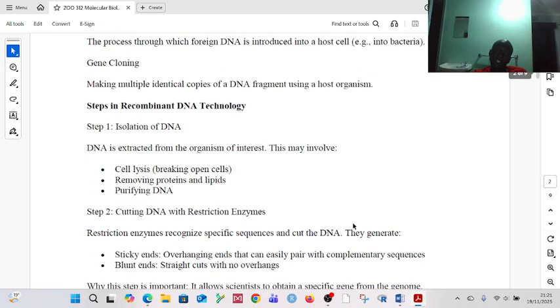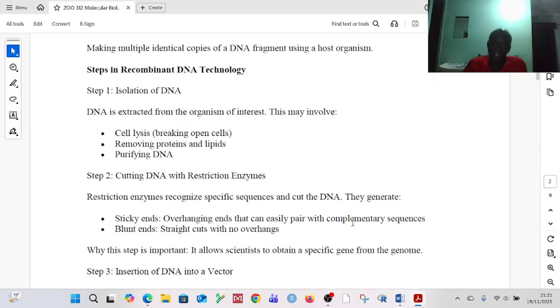The steps now of recombinant DNA technology. We said that recombinant DNA technology involves picking a certain DNA and adding it or joining it up with a different DNA from a different organism.